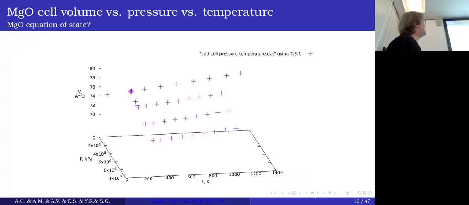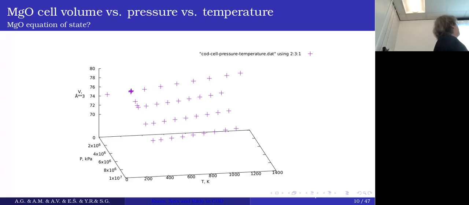What can you do with this? Well, this is an example from one tutorial. You can request structures, for example, of magnesium oxide in this case. The Crystallography Open Database has not only structures, but also measurement conditions. So you can pick those structures that have pressure and temperature recorded, and voila, you have the equation of state.